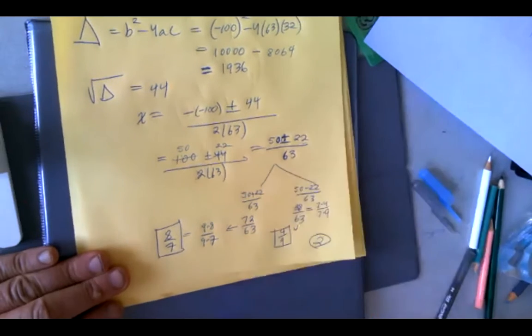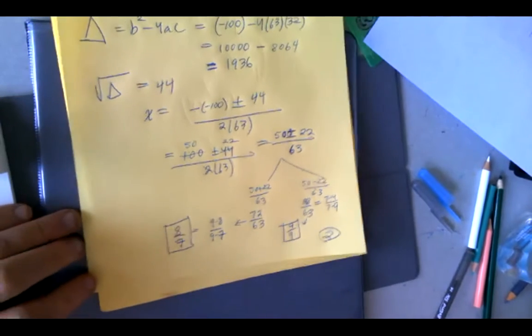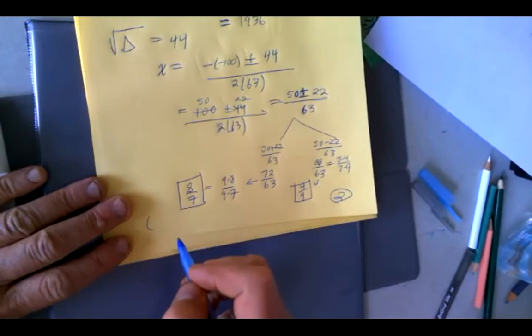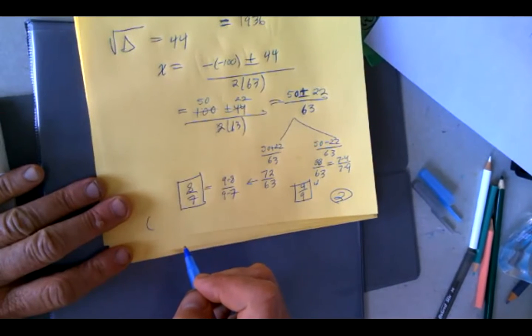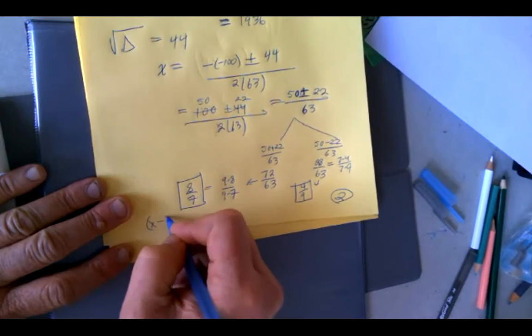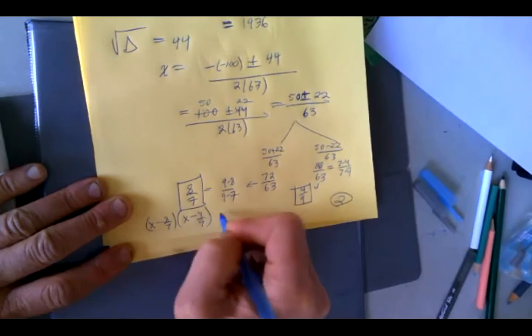So like I said, the actual roots are rational, but the factoring, in other words, you go to this, this is x minus 8/7 times x minus 4/9 set to 0.